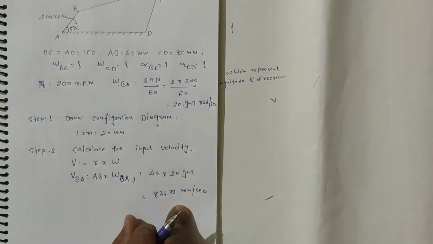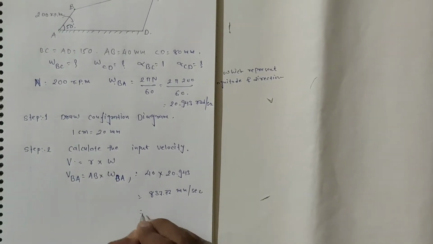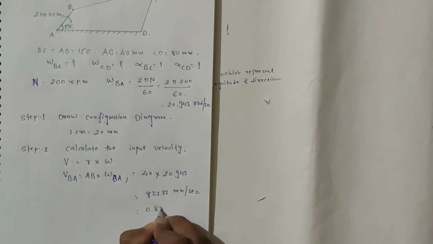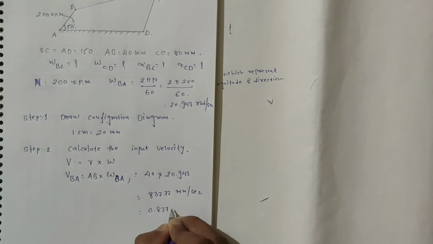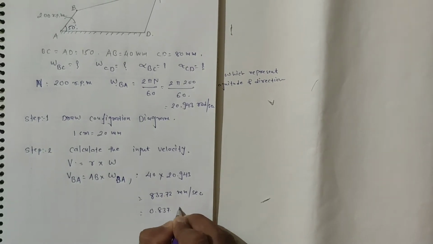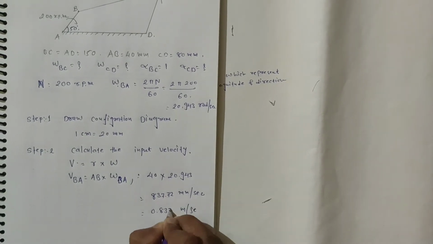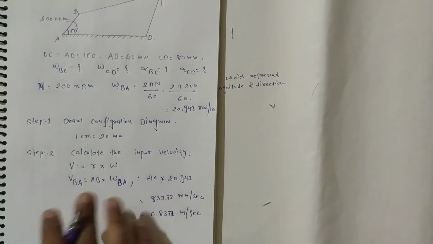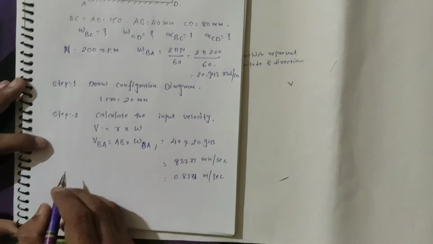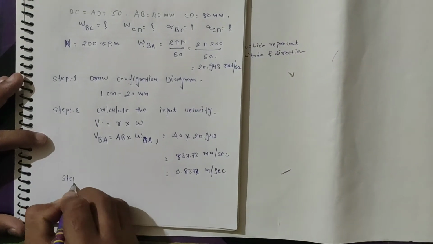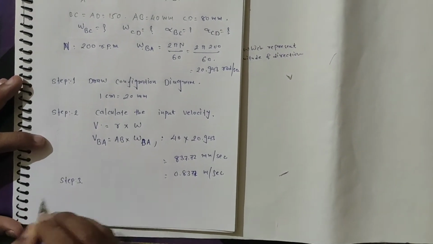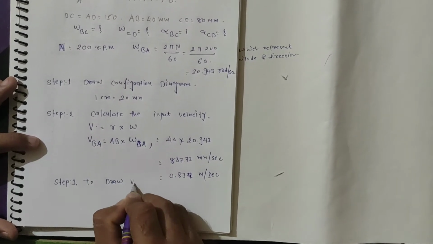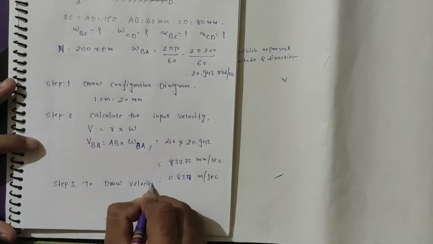To convert this from mm into meter, it is 0.837 meter per second. Now after this, step 3 is to draw the velocity diagram.